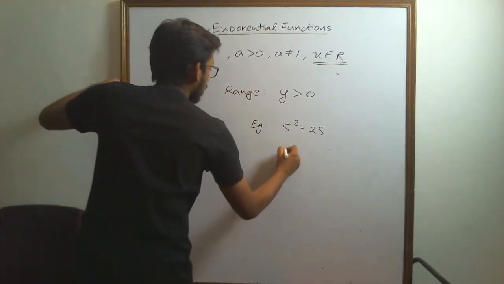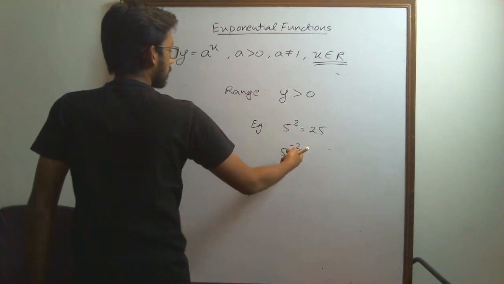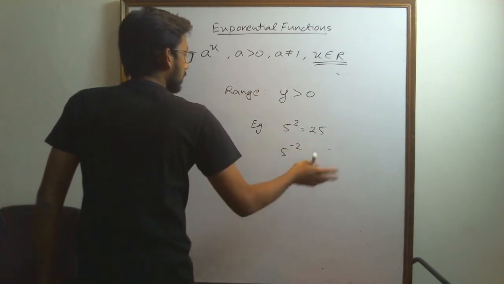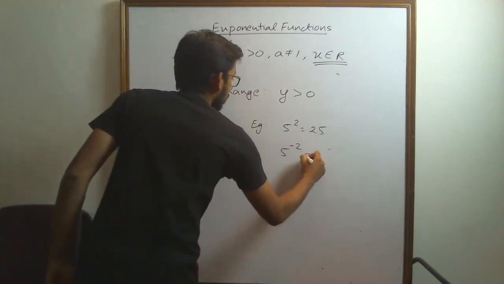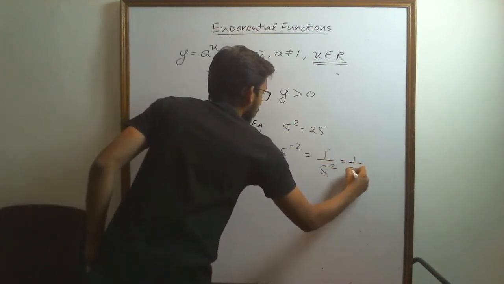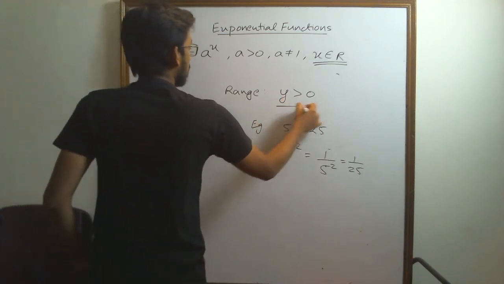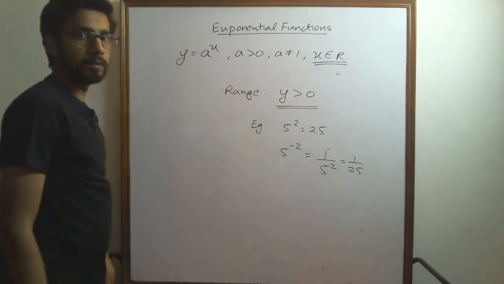But suppose I take 2 to the power minus 2, a positive number raised to a negative number, this will also be always positive. That's why the range of an exponential function is always positive, greater than 0.